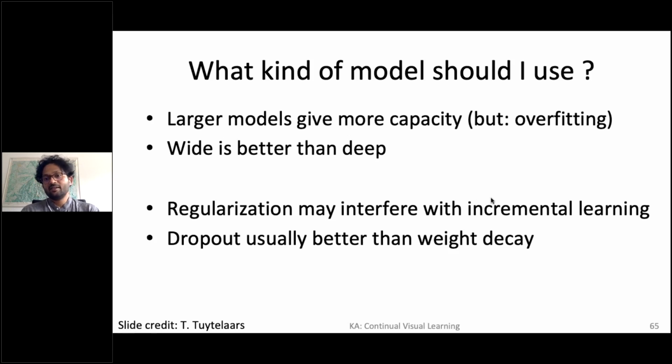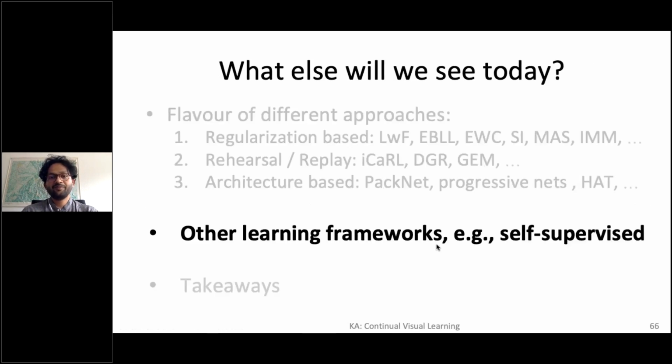Clearly there is a balance that needs to be maintained between learning new classes versus retaining the old classes. It is also observed that dropout usually works better than the weight decay that is typically used in training these deep neural networks. So these are some of the takeaways from this paper.